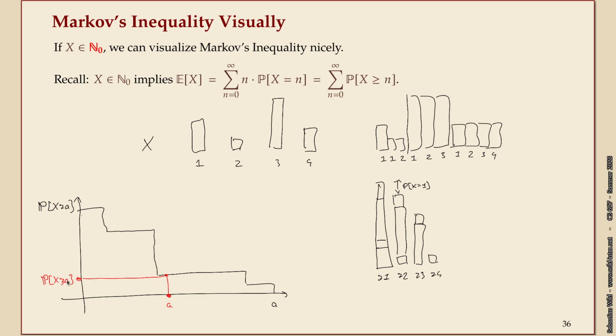And so you can take this rectangle, which has area probability x greater or equal a times a. And the whole region below the curve here, this entire thing, that's exactly the expected value.